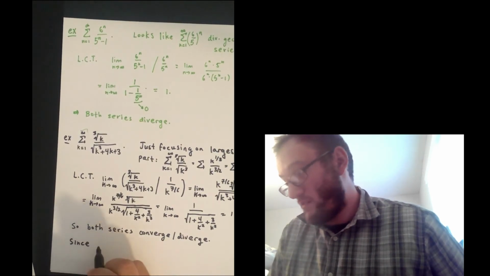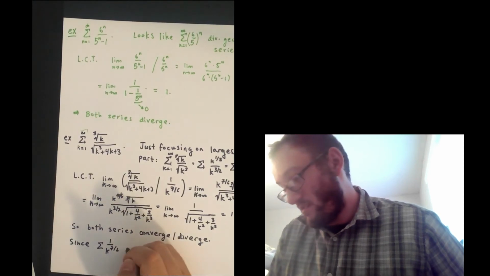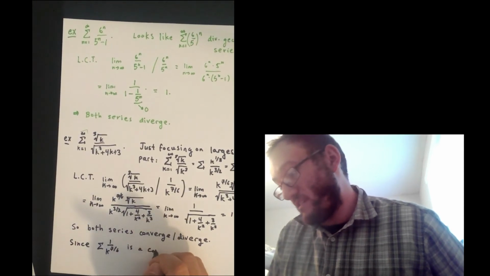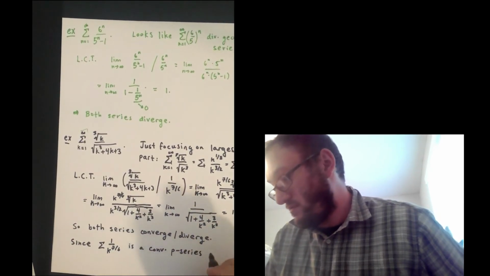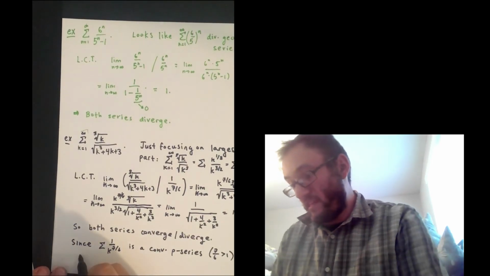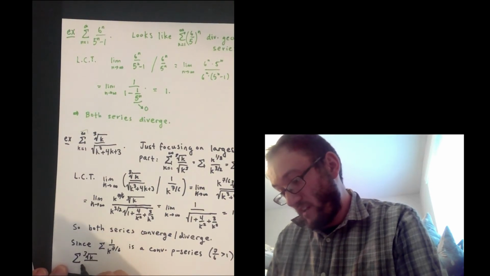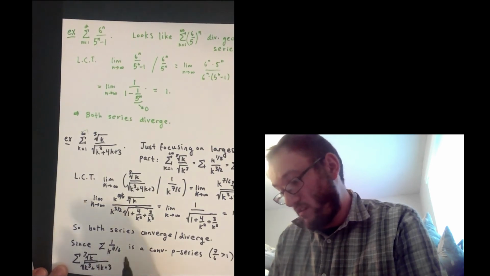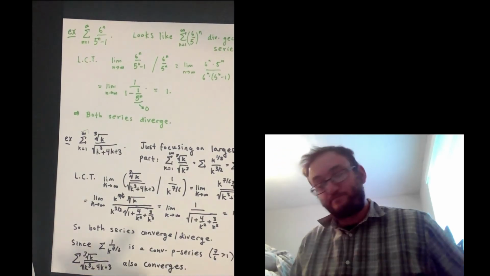Since 1 over k to the 7/6 is a convergent p-series because 7/6 is greater than 1, then our series of interest, cube root of k divided by square root of k cubed plus 4k plus 3, also converges. Okay?